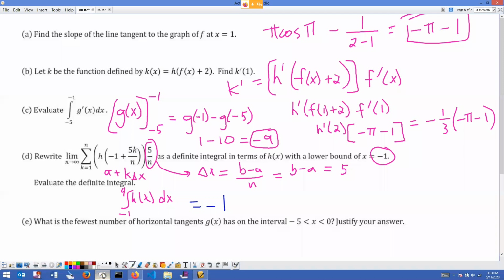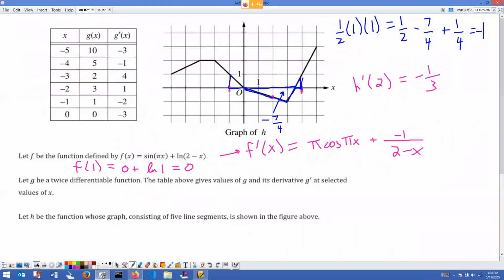Moving on then to the last part of this. We want to know what is the fewest number of horizontal tangents that g of x could have on the interval from -5 to 0. Horizontal tangent means that g prime is equal to 0. So we want to know the fewest number of times that g prime equals 0. Well, if we go back over here, it clearly crossed from -1 to 4, so there's one place where g prime had to be 0.